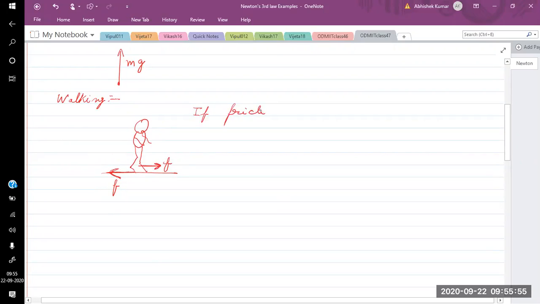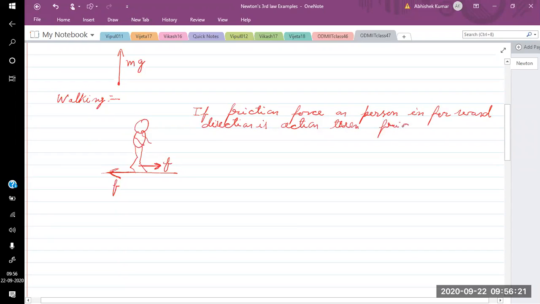friction force on person in forward direction is action, then friction force on earth in backward direction is reaction.